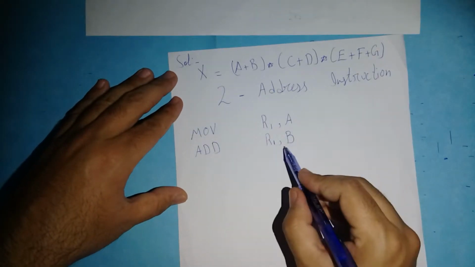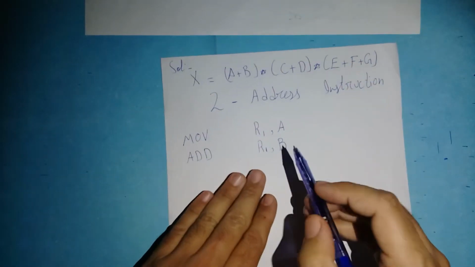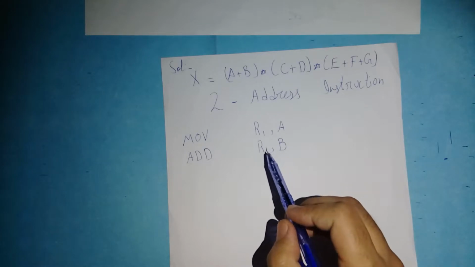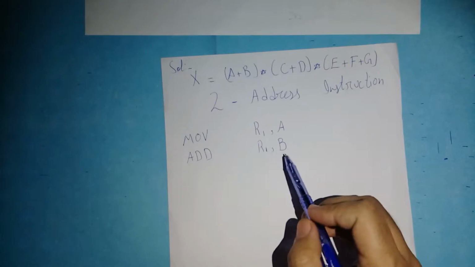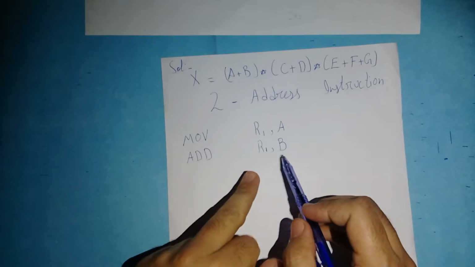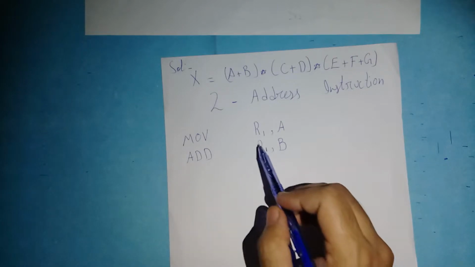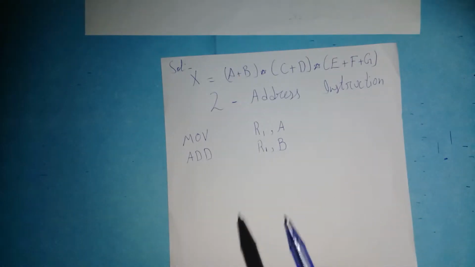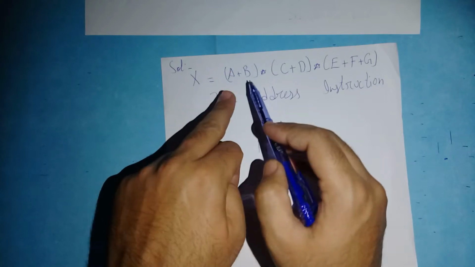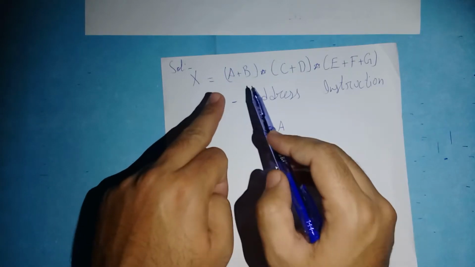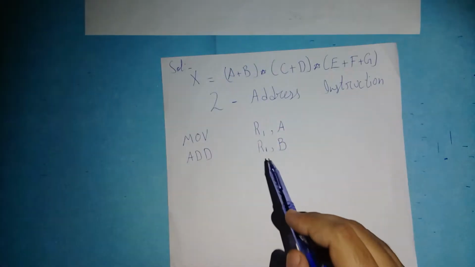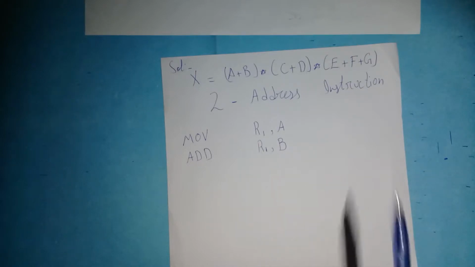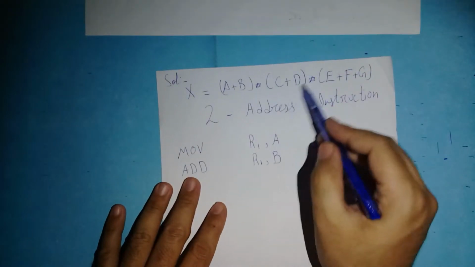So in this line, the variable a adds with variable b, and the answer is stored in the first register, which is R1. So it means I did solve the first bracket, and I've got the answer of the first bracket in R1. Now I'm going to solve the second bracket.